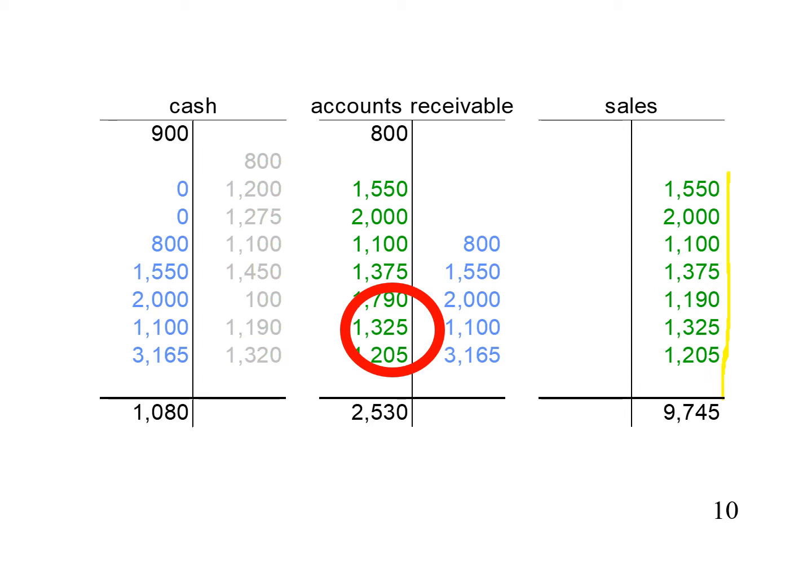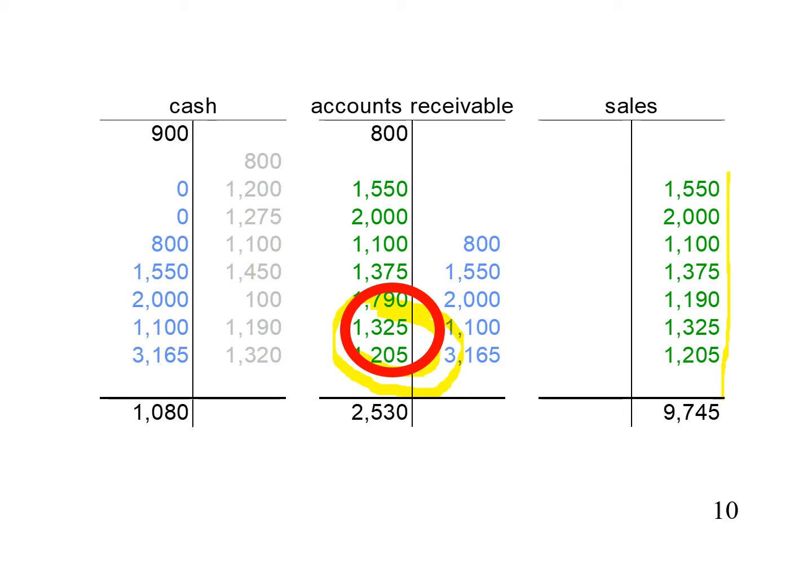The balance in accounts receivable is essentially what's left over. So during the period, we have some sales, we get paid, we have some sales, we get paid. What's left over is what we need to audit.